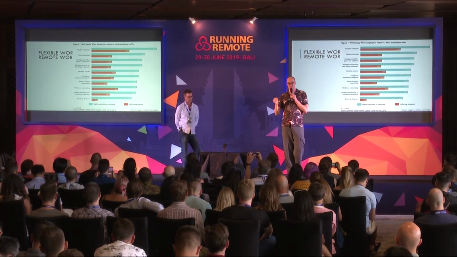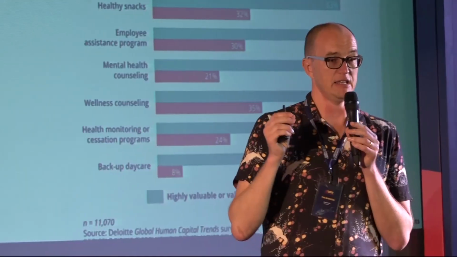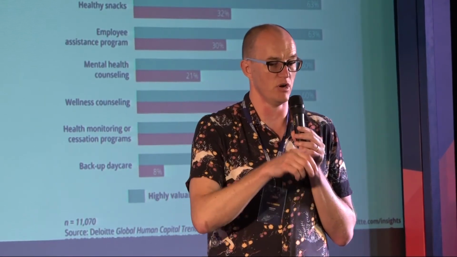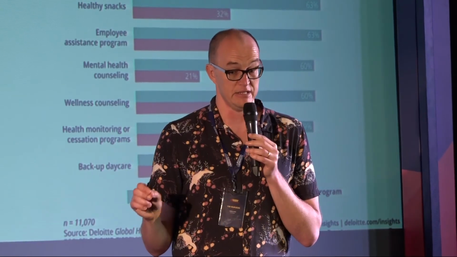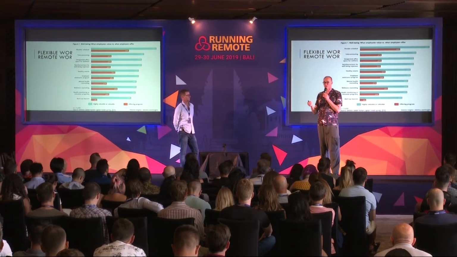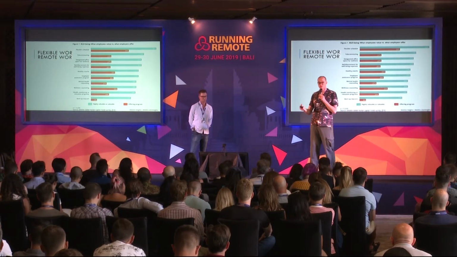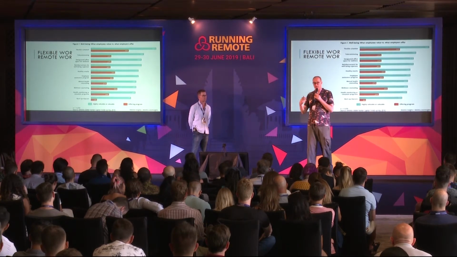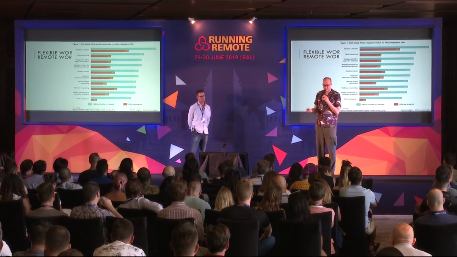So that's pretty much everybody. And if you're not offering people the opportunity to start work and finish work and take breaks in ways that they want, I would encourage you to rethink that. Because that, in our findings, is the single biggest thing that people value. It gives them the greatest control over being able to do what they want with their personal time and balancing that against earning a living.